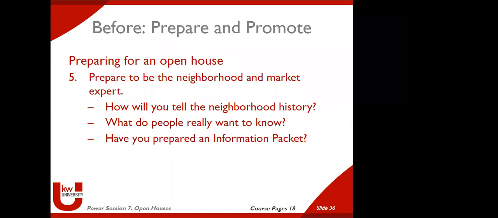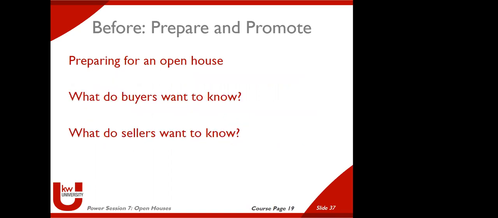So you could have two packets to give out depending on who you're talking to, or you could make a packet that is really centered around both, something that would appeal to sellers and buyers. But usually sellers look at what the market's been doing and the appreciation, and that might scare a buyer, even though it is good to get in right now, right? So that's why you could do two.